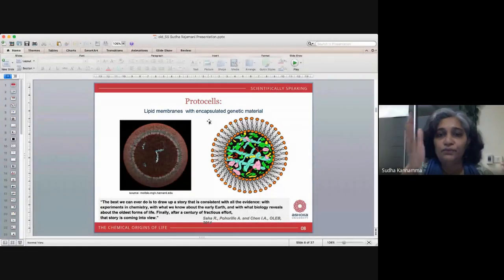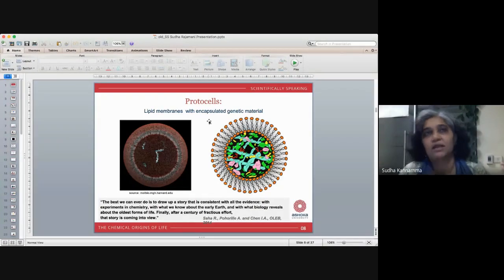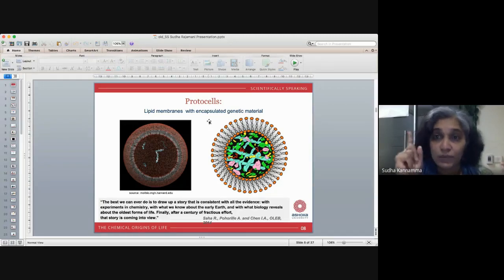But the field of prebiotic chemistry, which is the chemistry that deals with the chemistry of life, was established as an area of science only in the 1950s. But since then, the work in this prebiotic chemistry area and in astrobiology at large has allowed us to come up with this wonderful story, which is consistent with evidence. In science, you need evidence, right?